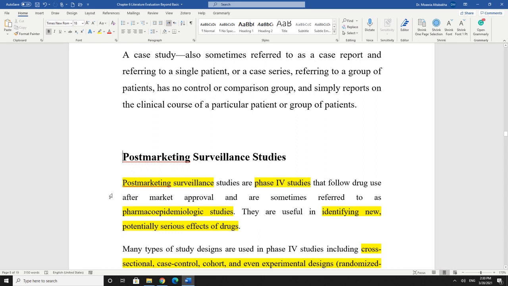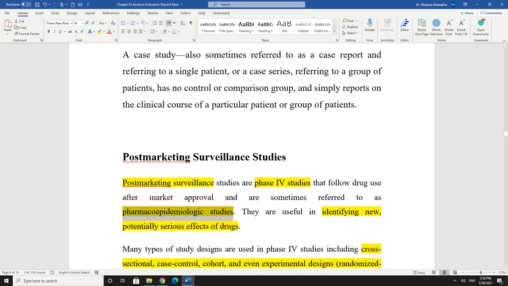The most important thing for post-marketing surveillance is identifying potential side effects. Okay, and let me tell you, post-marketing surveillance studies are also referred to as phase 5 studies and also as pharmacoepidemiologic studies.